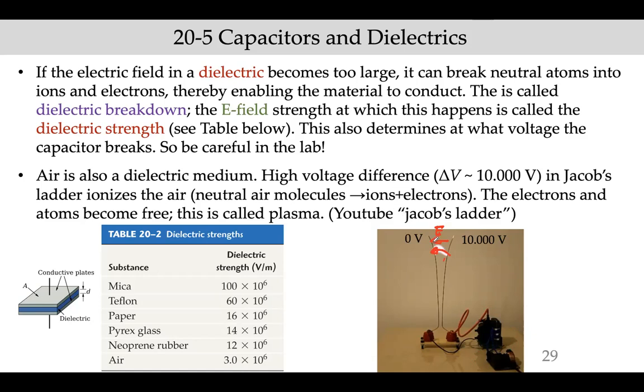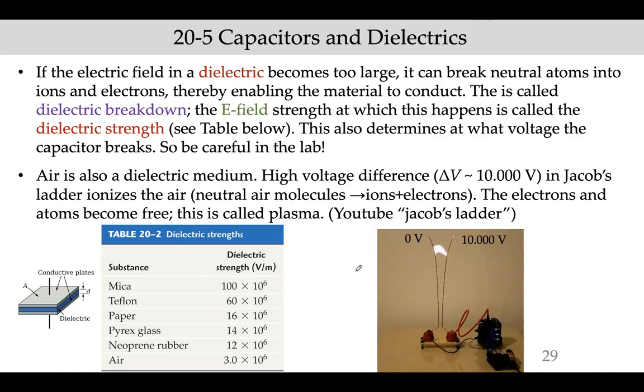The light that comes out is happening because when you break the electrons from the atoms, or when you put the electrons back to the atoms, light is emitted.